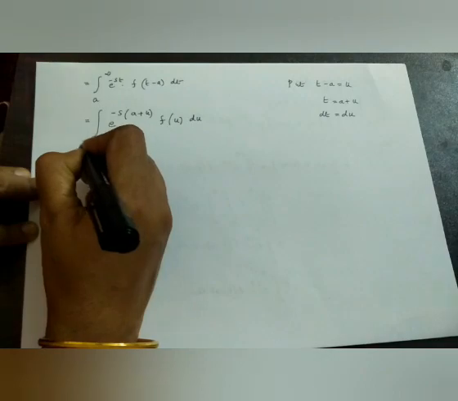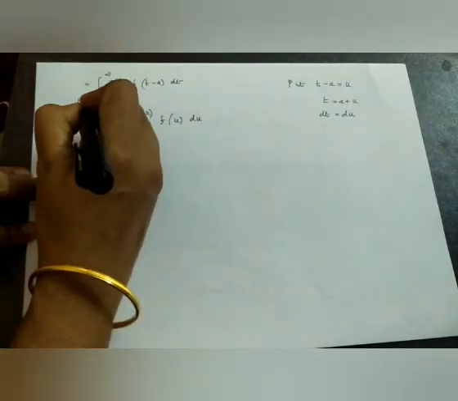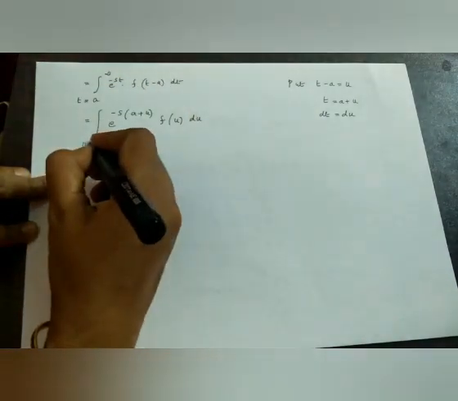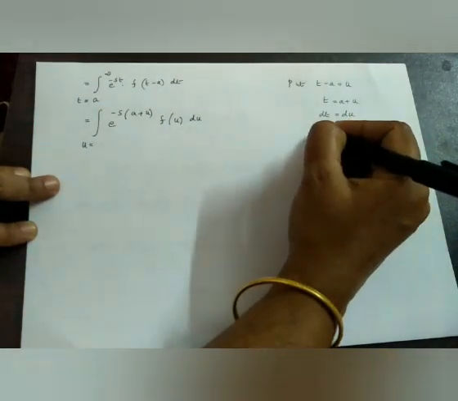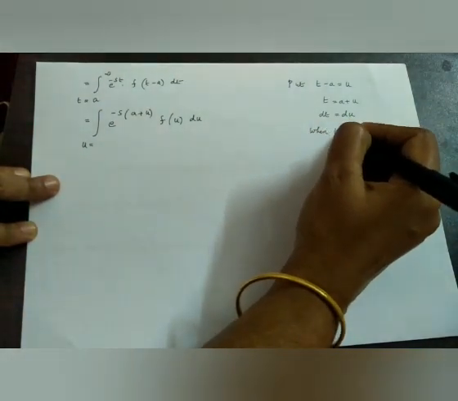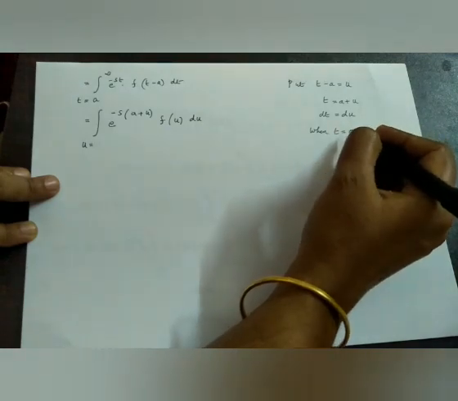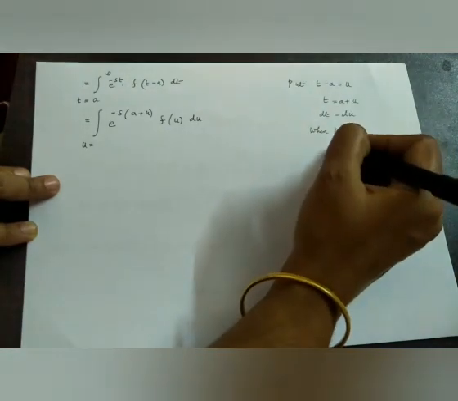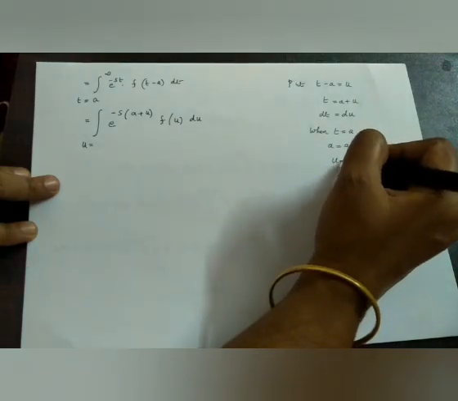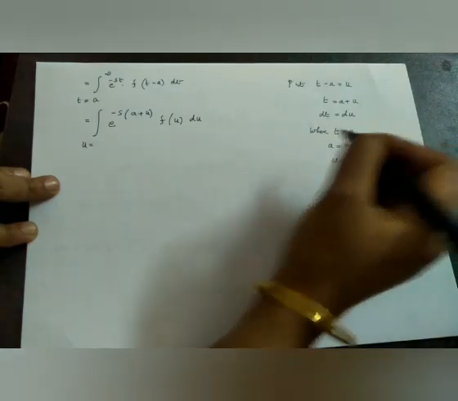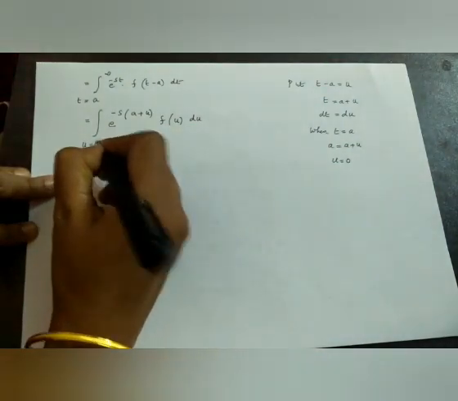Here the limit also changes. Here we have the limit of t. It is the lower limit and the upper limit also changes. When t equal to a, what happens? Here a becomes equal to a plus u, or u becomes equal to 0. Therefore, the lower limit changes.